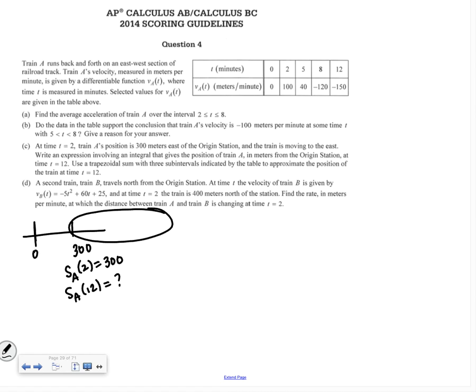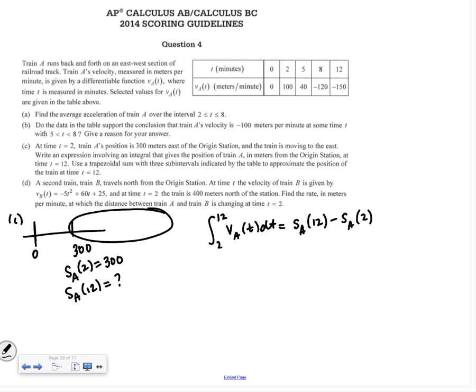And you can write this a couple different ways. The way that we've talked about it in class is we've said, oh, it's easiest if we write from 2 to 12 integrating the velocity function, and that gives you the antiderivative, which is the position function evaluated at 12 minus the position function evaluated at 2. So that's perfectly fine.